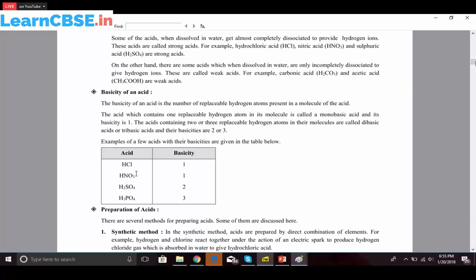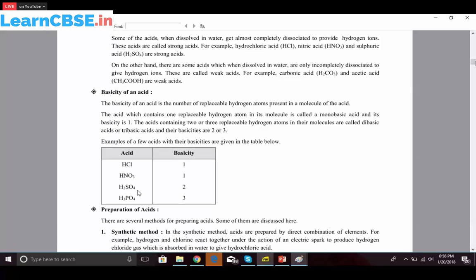Example, HCl. HCl contains only one hydrogen atom, so it contains only one replaceable H plus ion. So the basicity is 1. HNO3, nitric acid. In nitric acid, it also has only one replaceable hydrogen atom. So we call the basicity 1.